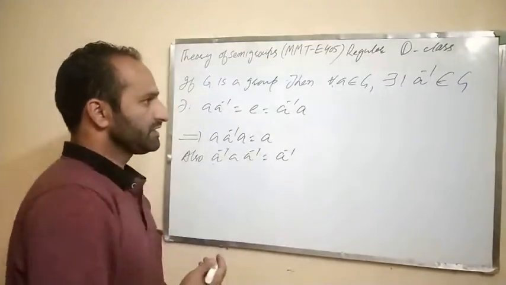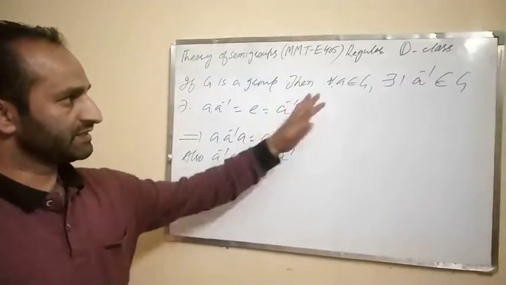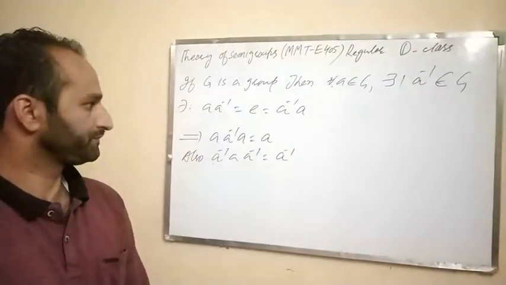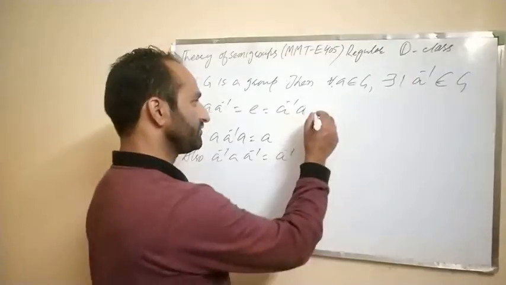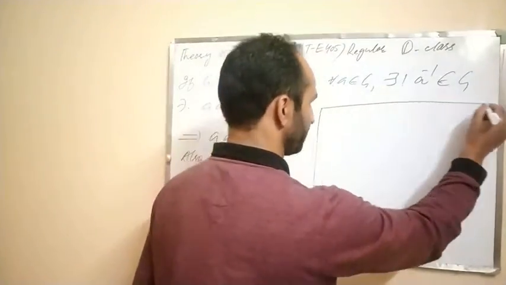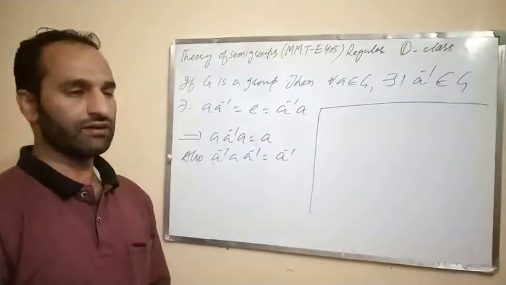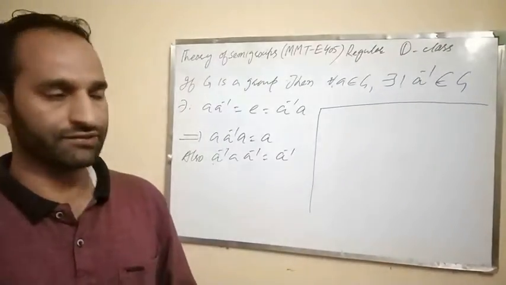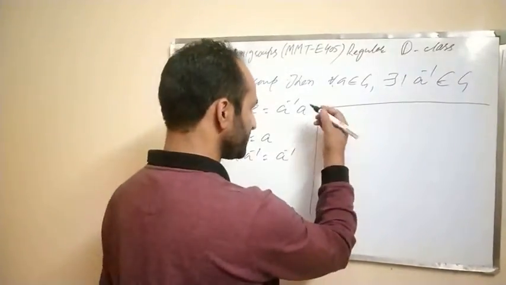Now, in case of semigroups, we want to generalize this concept of inverse. First, we will define a regular element. When do we call an element in a semigroup S regular?